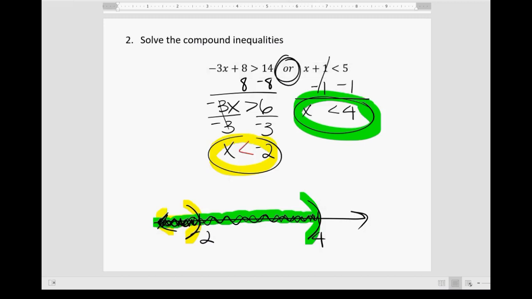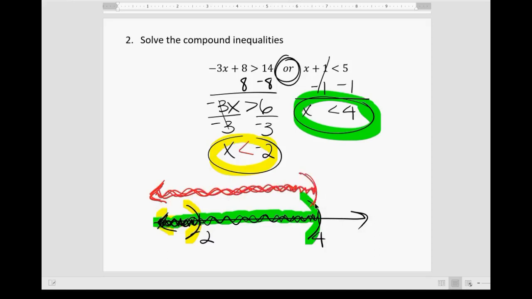So basically, we want to include everywhere that's shaded, even if it's not in common. So everywhere that is shaded would actually be everything less than 4. This would be your solution. Okay? I should probably draw that closer to the 4, like that.